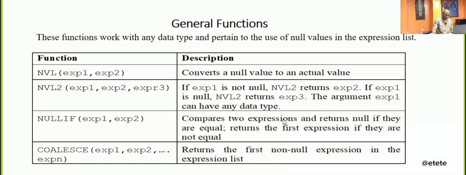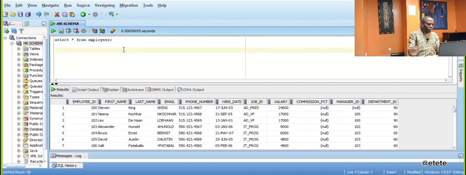Okay, let's practically see. Here I can decide to say, select salary, comma, last name, comma, then commission_percentage, comma, right?